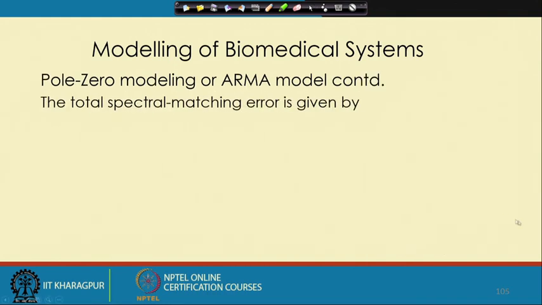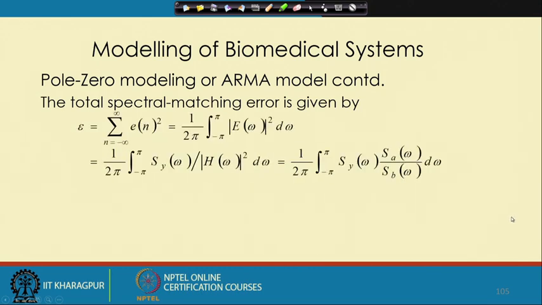From here, the total spectral matching error, what we are trying to minimize, is the sum of the error in the time domain, which is the same as the error in the spectral domain.